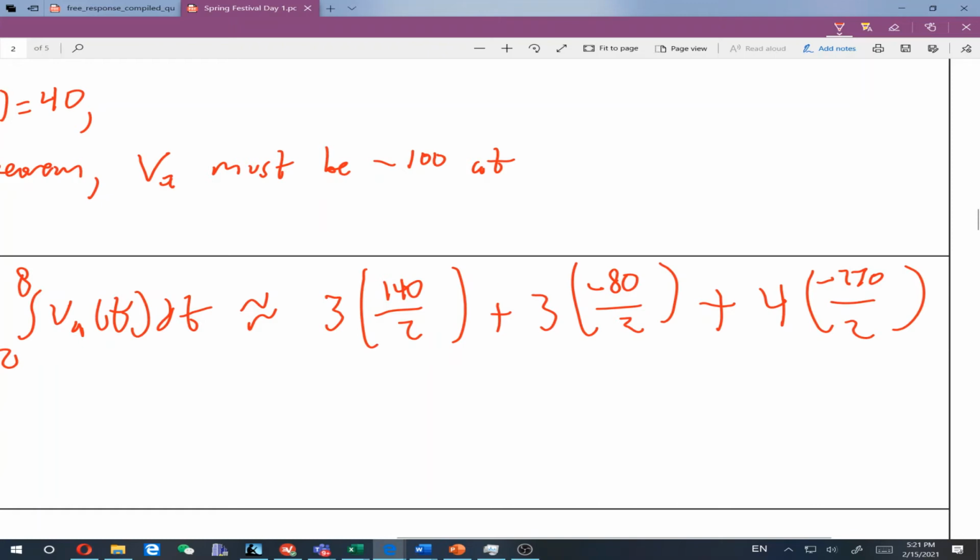I'm going to divide really quick. So this is 140 over 2 is 70, times 3 is 210. I've got negative 40 times 3 is negative 120, and 270 divided by 2, I've got negative 135 times 4. I'll leave that, I think, negative 135 by 4, so that's negative 540.